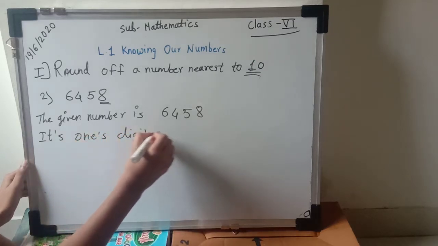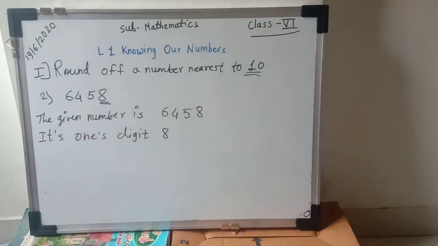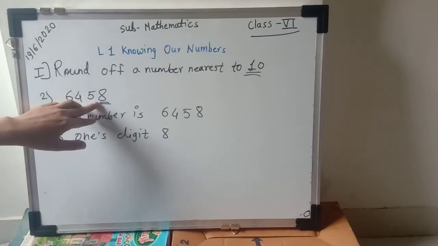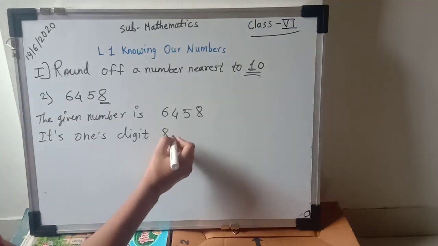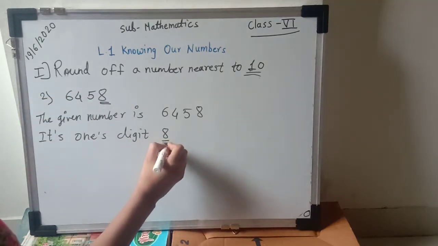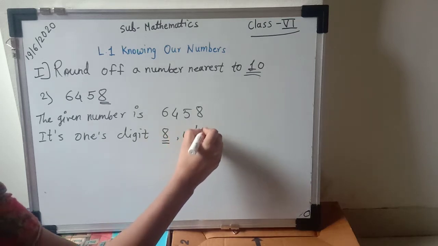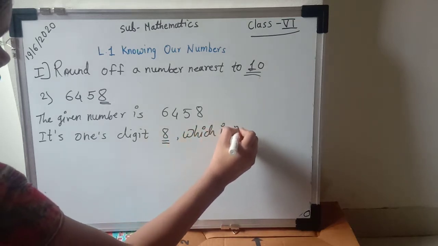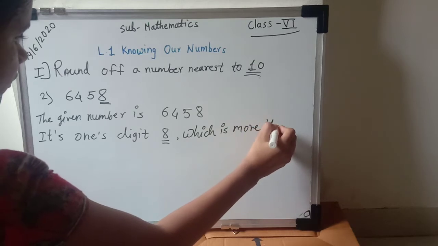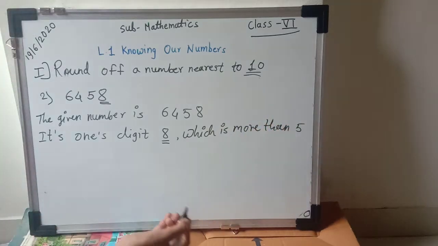The ones digit is 8. Now students, our next step: if the ones digit is more than 5, and here the ones digit is 8, which is more than 5, so what do we have to do?